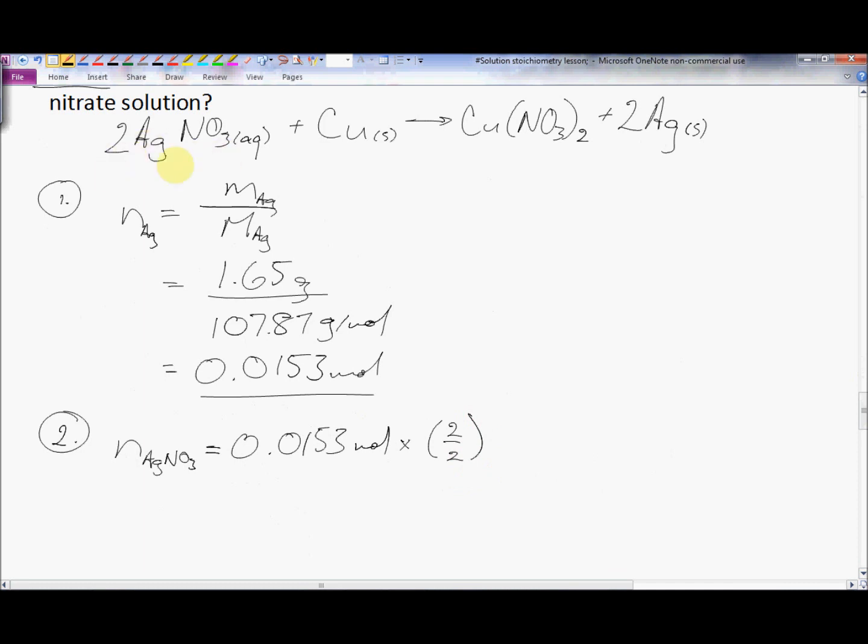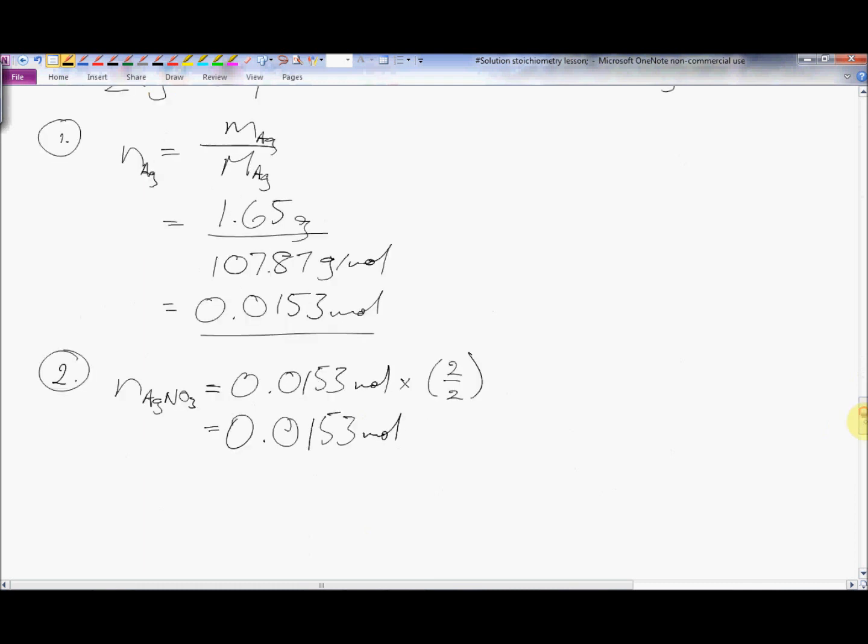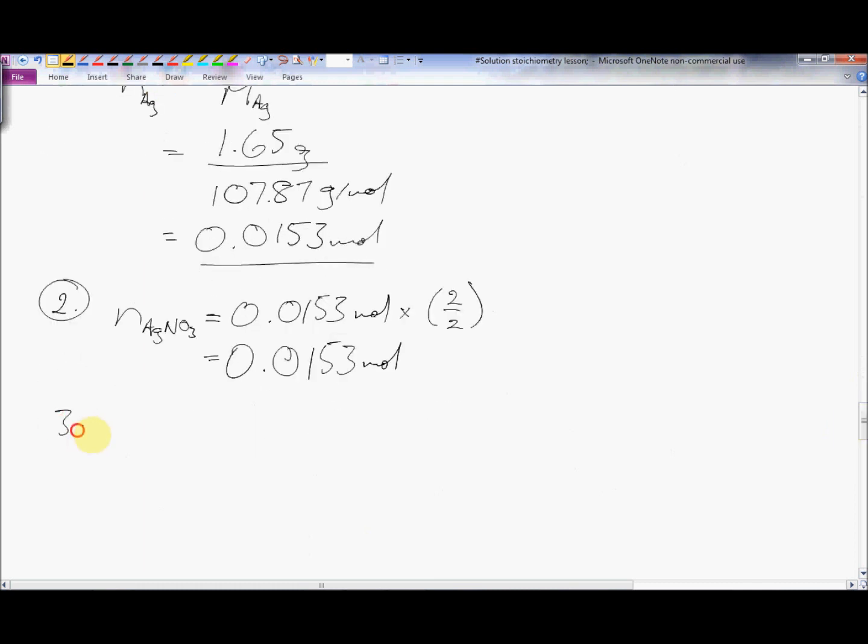That's 2 moles of silver nitrate divided by the 2 moles of silver. Okay, so that works out to the same thing, 0.0153 moles of silver nitrate. That's step two.